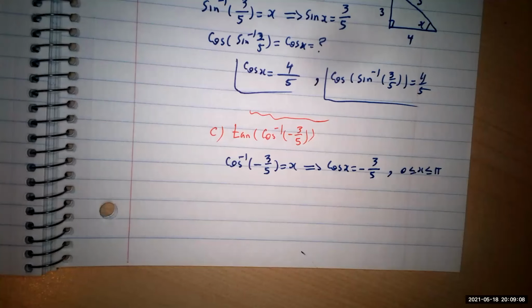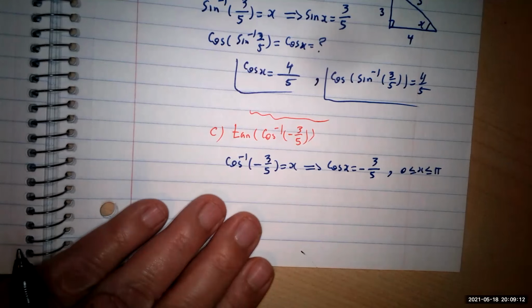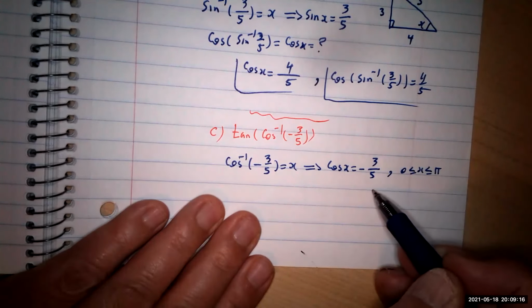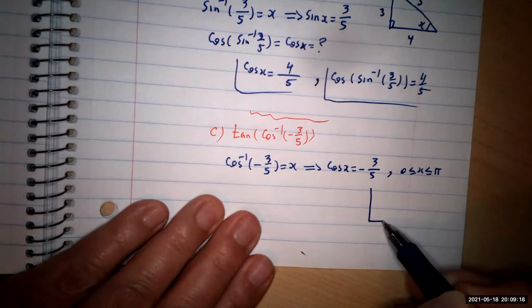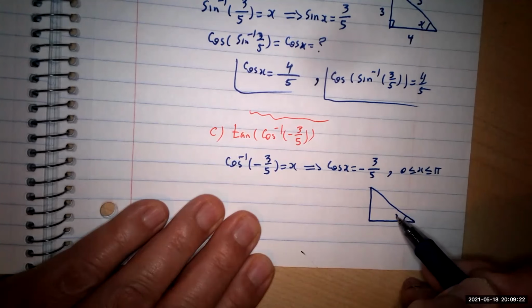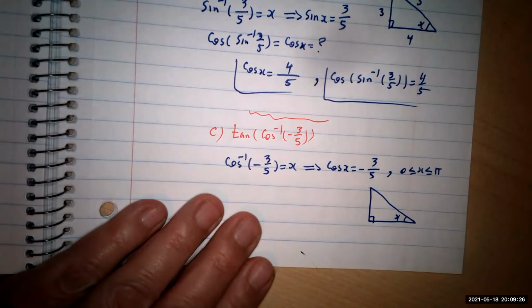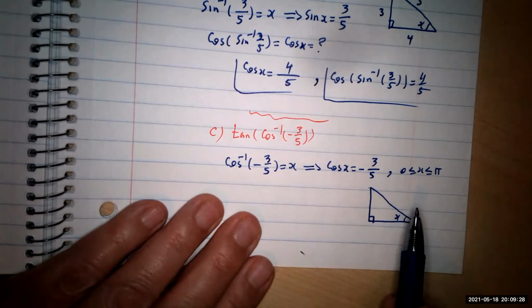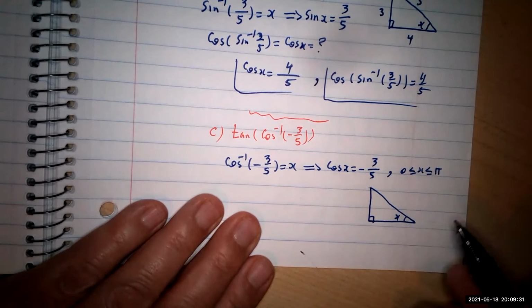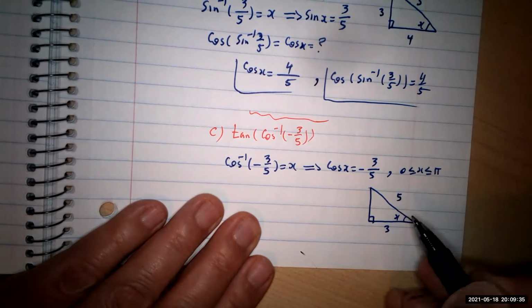Okay, so we get the right triangle. So x is going to be in the second quadrant in this case. Okay, this is going to be your x, and the cosine, adjacent one, 3 or negative 3, doesn't matter. And this is 5.